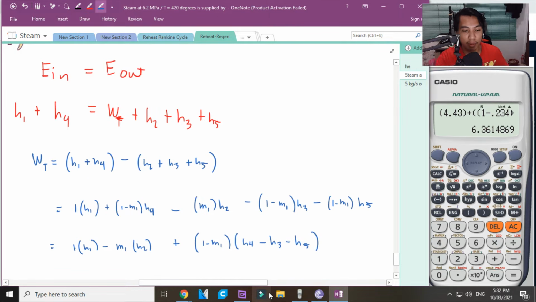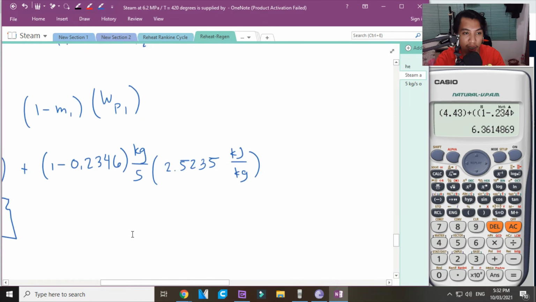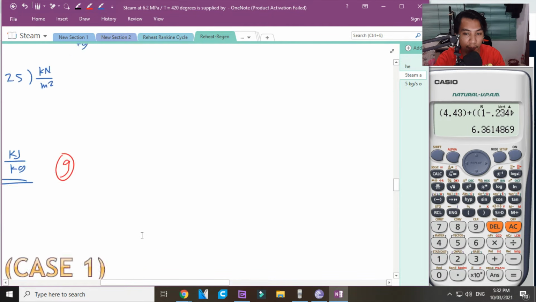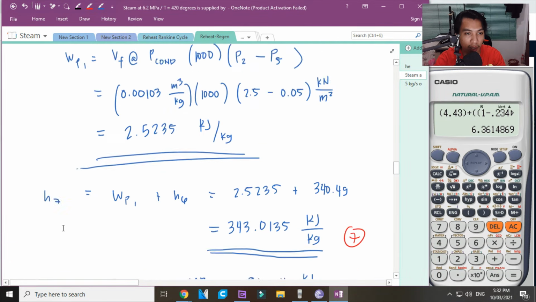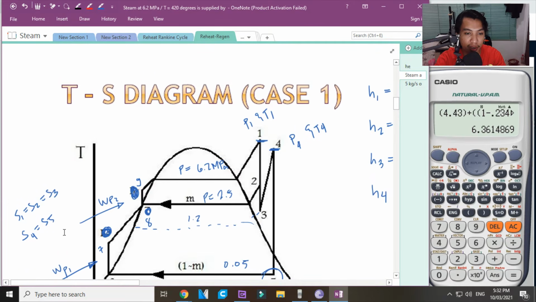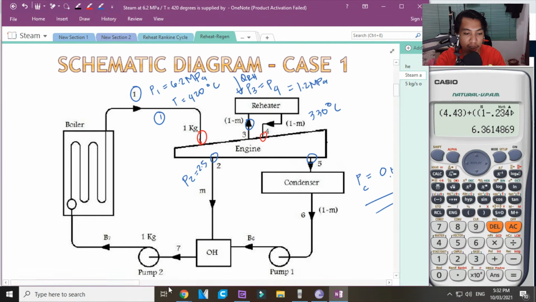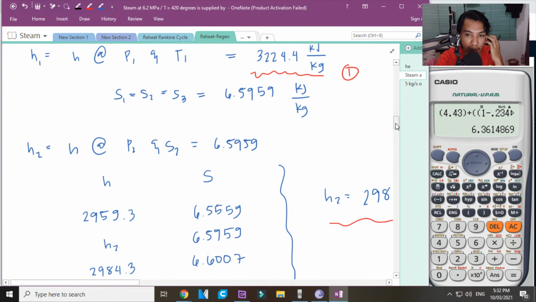That is for the work of the turbine. Mahaba lang talaga pag inanalyze mo. Check natin kung tama ba yung analyzation natin. Talagang natural lang na mahaba ang reheat regen. Iniisa-isa mo kasi mabusisi ang pag-solve nito. Kunin ko siya para nasa baba na.